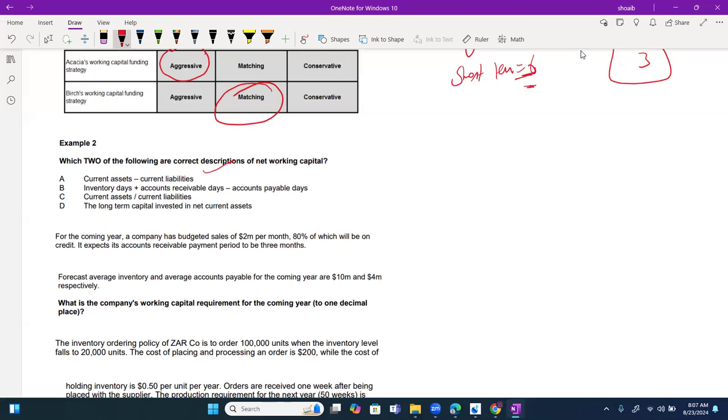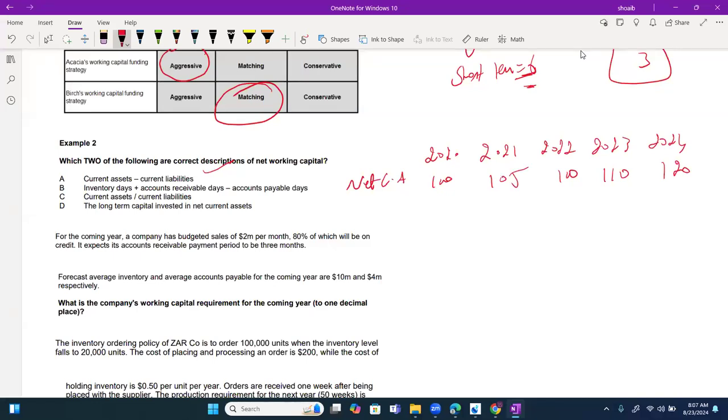If we say that the company is maintaining working capital every year, so technically you are investing your long-term capital in the current assets. For example, 2022, 2023, 2024. If the company's net current assets are, for example, 100, 110, 120, 105.